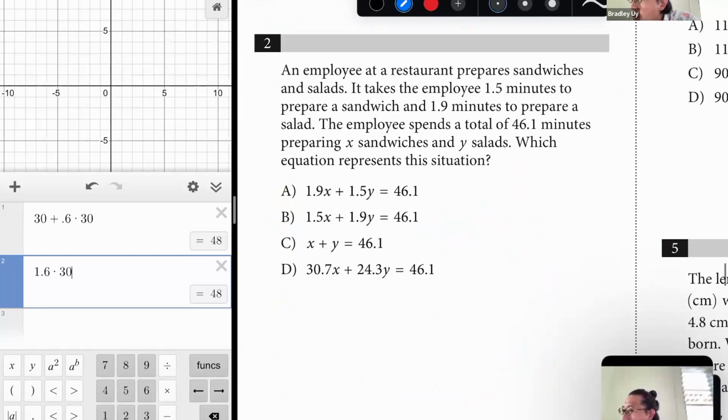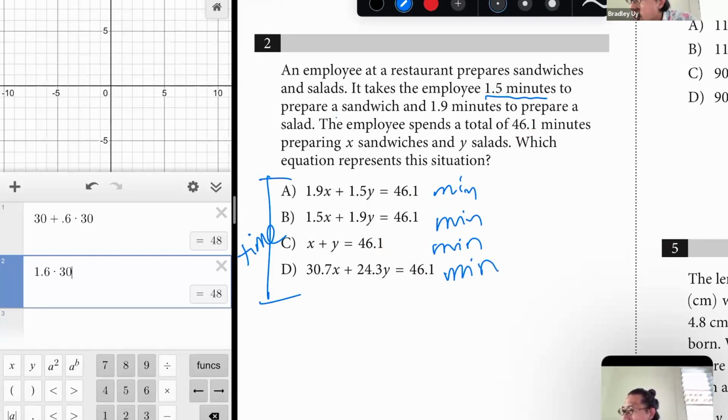Next, an employee prepares sandwiches. They take 46.1 minutes. Notice all of these are 46.1, meaning all of these equations are related to time, and they're in minutes. It takes an employee 1.5 minutes to prepare a sandwich.